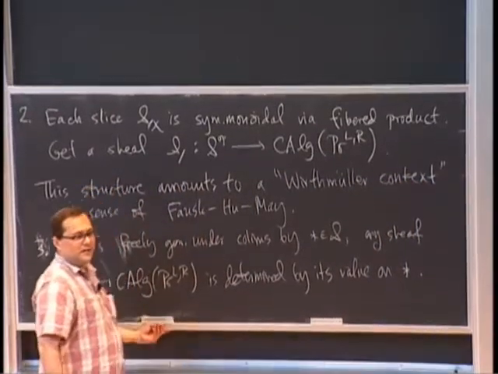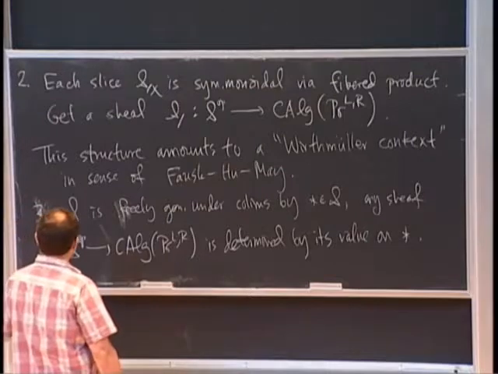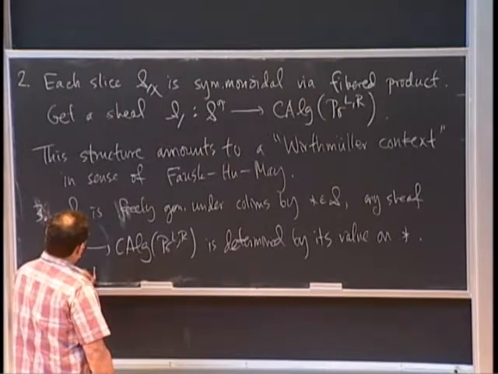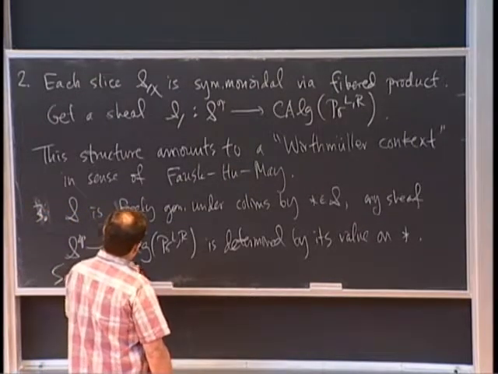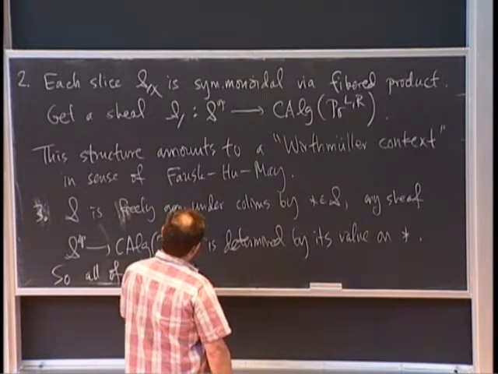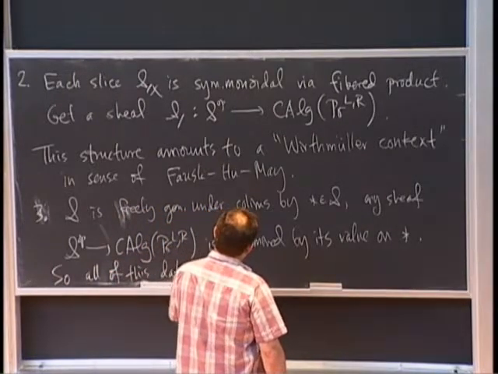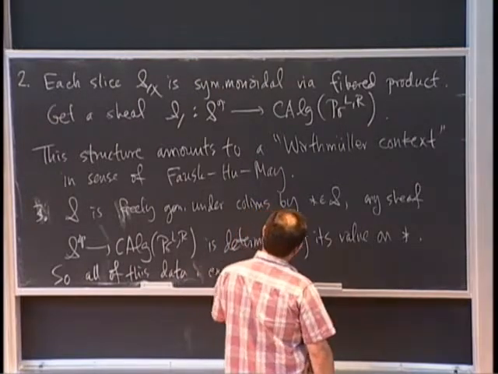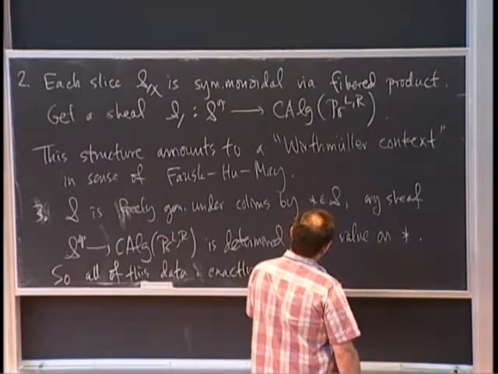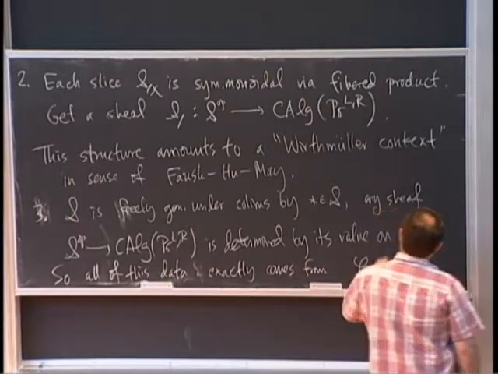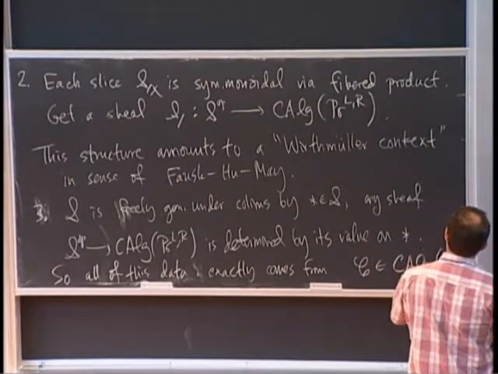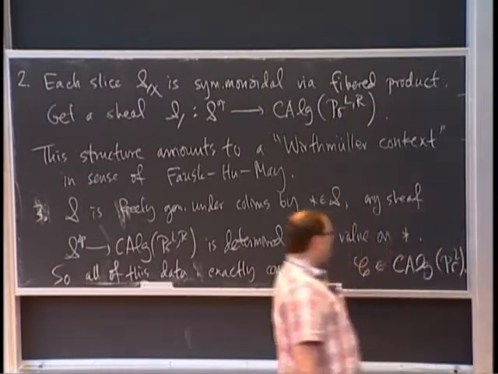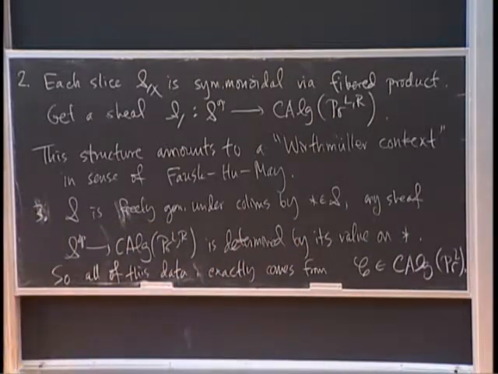So actually all of this data comes from a single symmetric monoidal presentable infinity category C, no matter what the sheaf is.